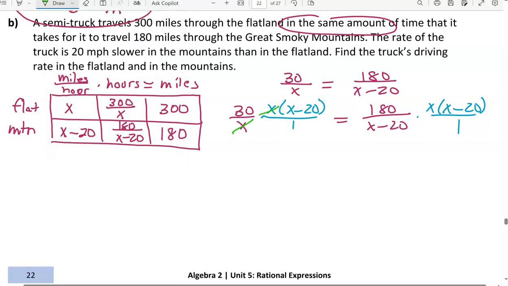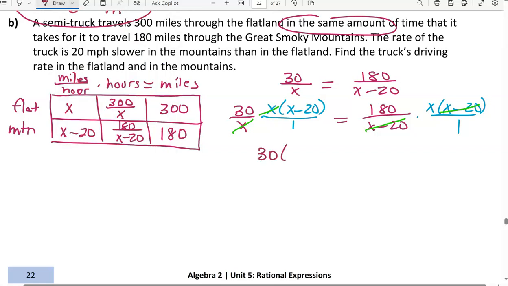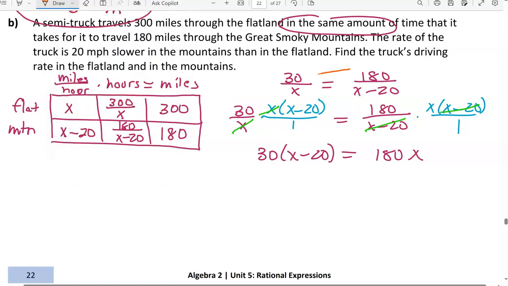The x's cancel on the left, the x minus 20's cancel on the right, and that gives us 30 times x minus 20 is equal to 180 times x. You might notice that this is the same thing as cross multiplying. So if you want a shortcut when you have just two fractions that are equal to each other, you can solve that by cross multiplying.